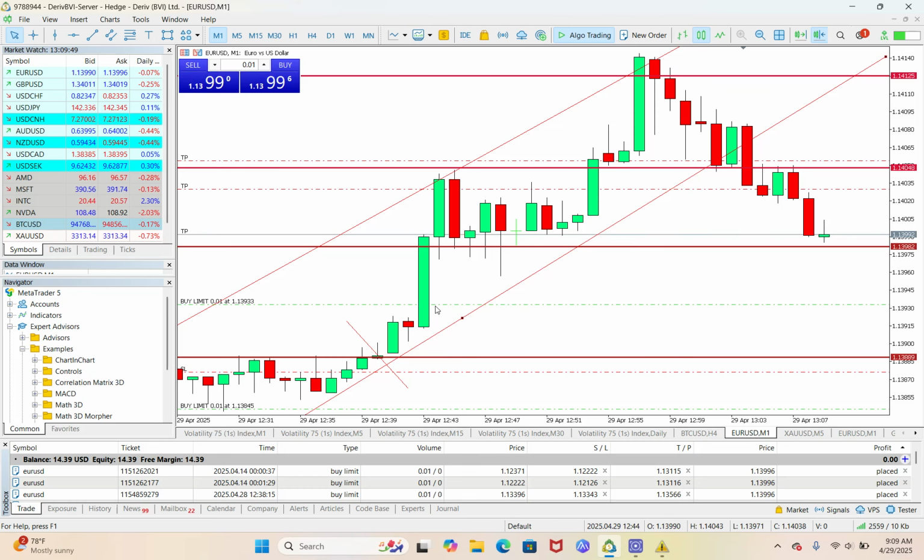So for this trade, if I want 1 to 5, all I have to do is wait for the market to move away at least 5 times my risk, which is here. Calculate the movement from here, wait for the market to move away 5 times, then you use that as your profit margin.